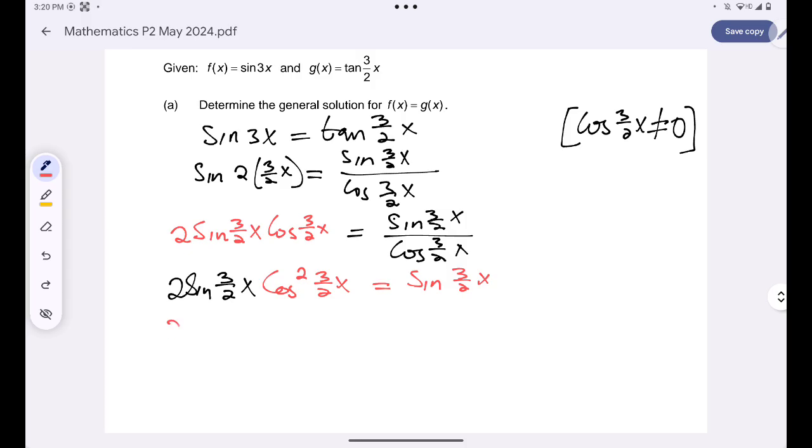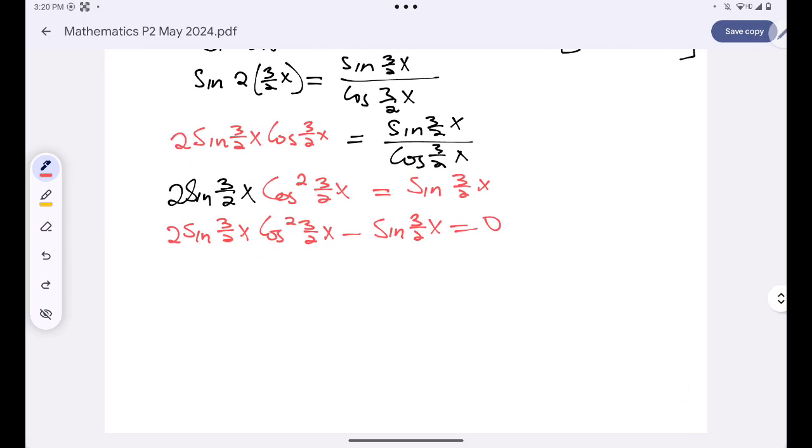So I'll simply have 2 sine 3 over 2x and cos squared 3 over 2x minus sine 3 over 2x is equal to 0. There's a common factor in here, guys. Now my common factor is just sine 3 over 2x. Whenever I remove sine 3 over 2x, I will be left with 2 cos squared 3 over 2x minus 1 is equal to 0. Are you together?